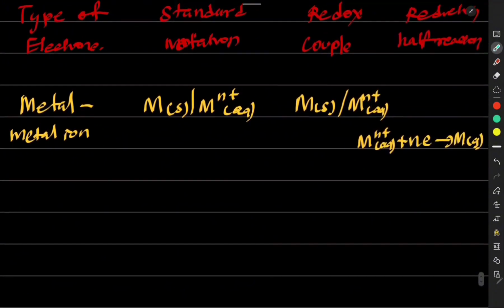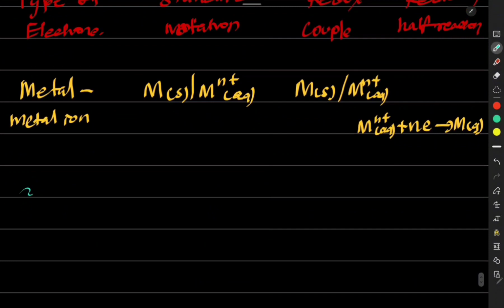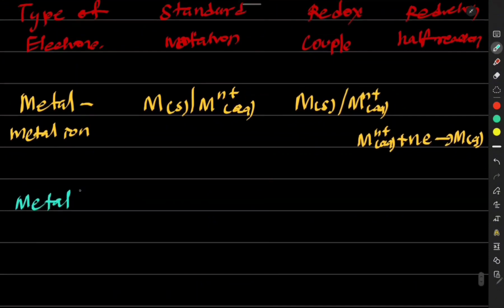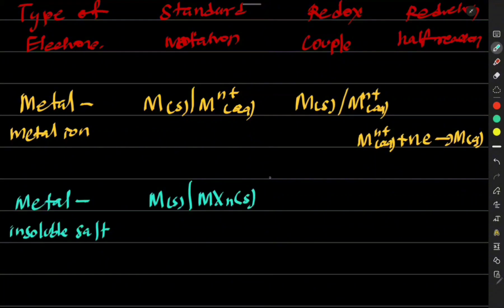And the second electrode is metal and insoluble salts: M metal solid, interface, MxN solid and X minus ion aqueous.